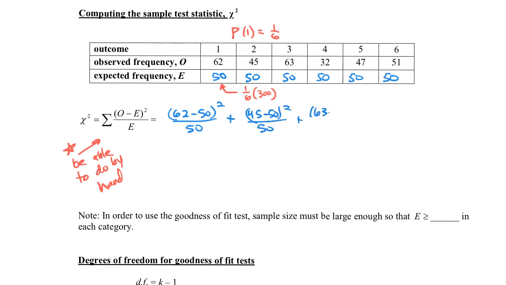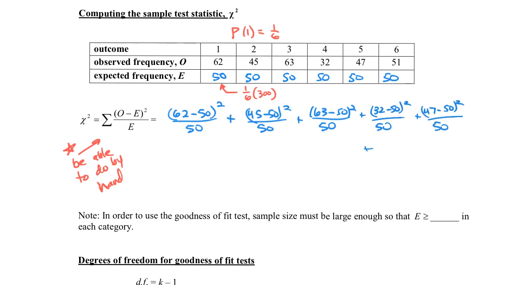And again, remember that normally these 50s will not all be the same. So normally you won't even have this. This looks like, it's a little misleading. There's always a 50 down here. Most of the homework problems, these numbers are going to be different each time. Okay, so just kind of keep that in mind. 32 minus 50 squared over 50 plus 47 minus 50 squared over 50.